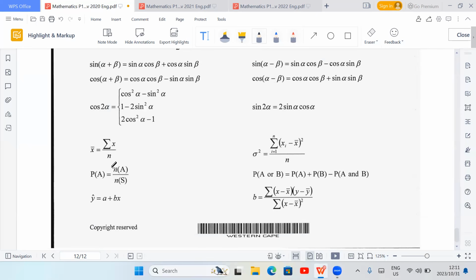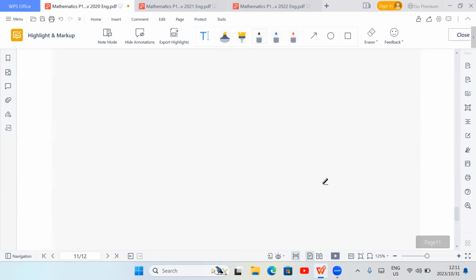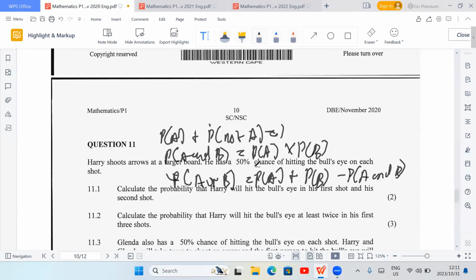Okay, so on probability, we are only given the definition of probability, and also the ones for if events are mutually exclusive or not mutually exclusive. So that means you'd have to know the one on independent events, okay? You'd have to know this one, and also the one on complementary events, right?